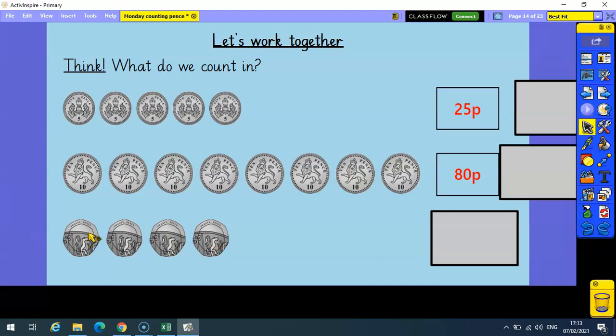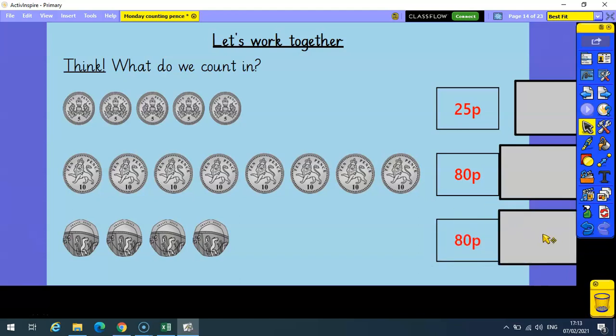Or even easier than that, let's go 10, 20, count each one twice. 10, 20, 30, 40, 50, 60, 70, 80. 80p again.